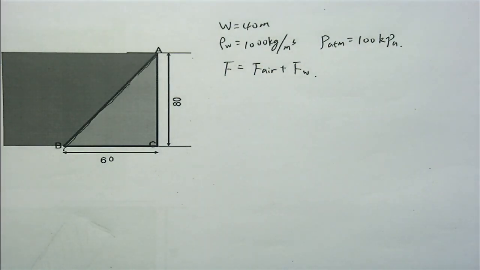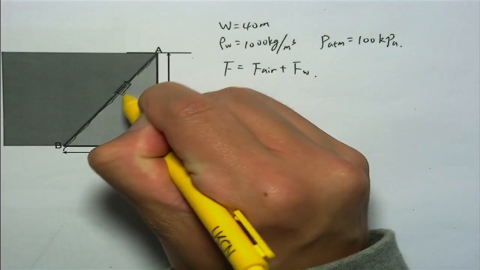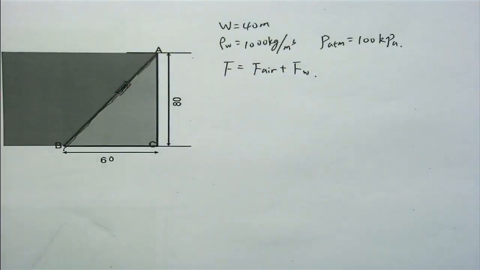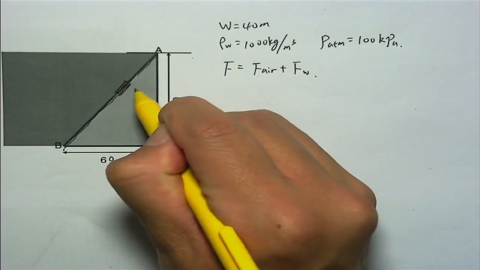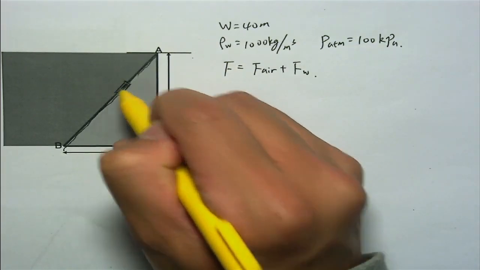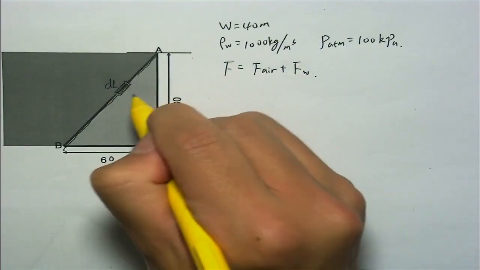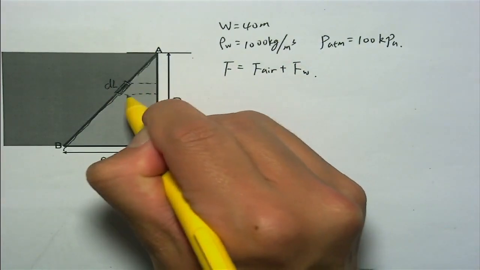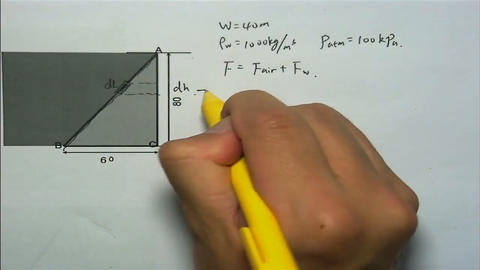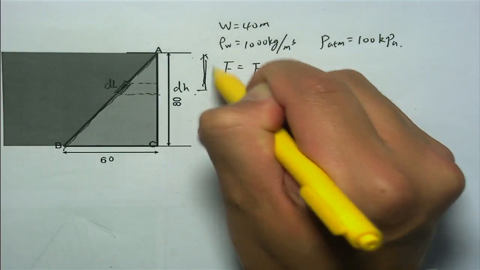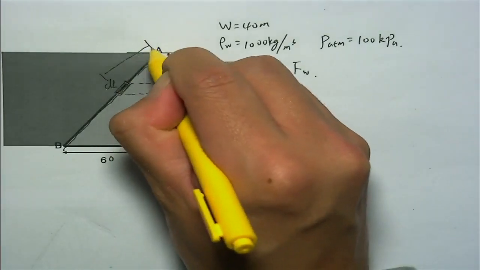We know the depth. We just take an infinitesimal part of the area here, which we take the length of it as dl, and make shadows here, dh, and we take the depth of it, h, and also the length of it, l.